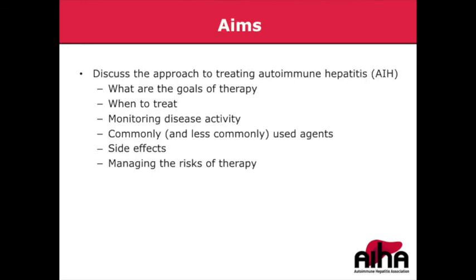So the aims of my talk really are just to go through an overview of an approach to treatment of autoimmune hepatitis. Many of you know this firsthand, so it's going to sound like old information. But I'm hoping to give you an idea of how varied autoimmune hepatitis really is. On a case-by-case basis, there's just tremendous heterogeneity, which is variability in the situations one might be dealing with and the ways to approach it.